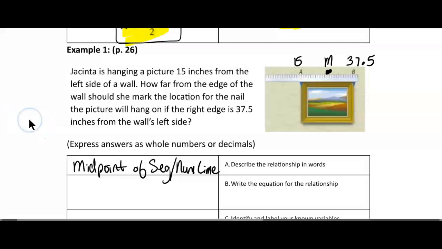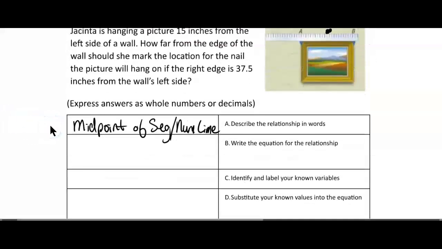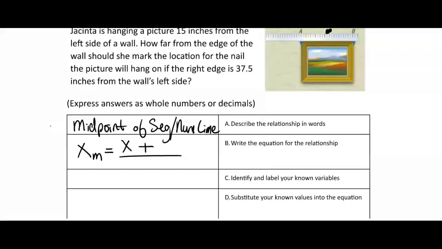Either one's fine. Okay, and the equation for a midpoint, and I'm going to use my new and improved version, but if you want to use the X version, you can, is that the x-coordinate of my midpoint will be equal to the sum of the x-coordinates of my A and B points divided by 2.